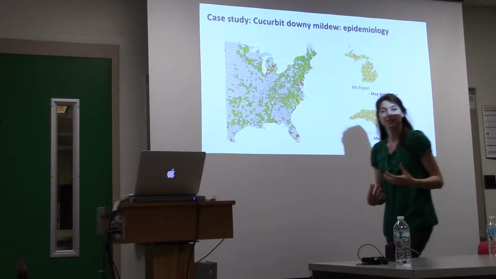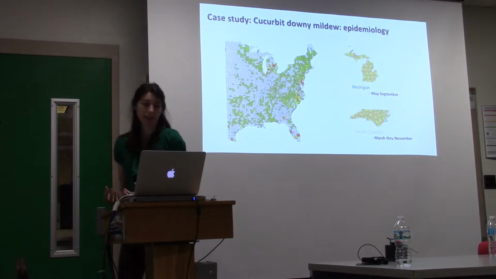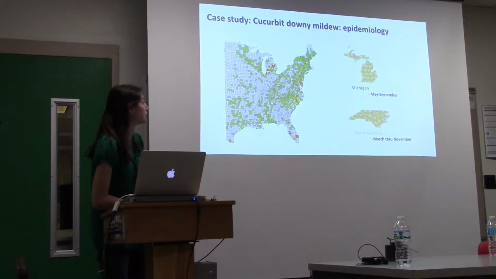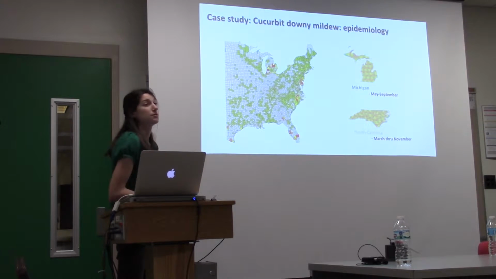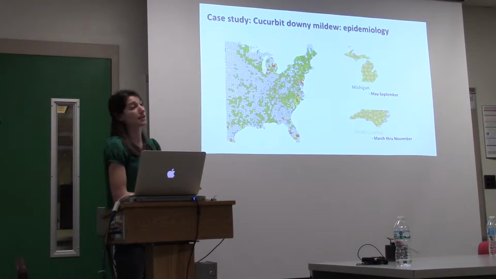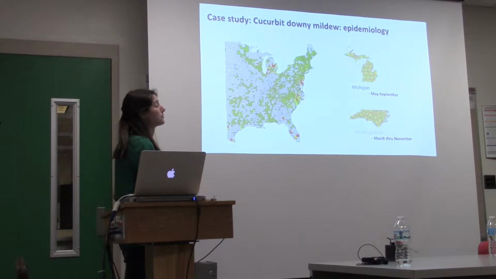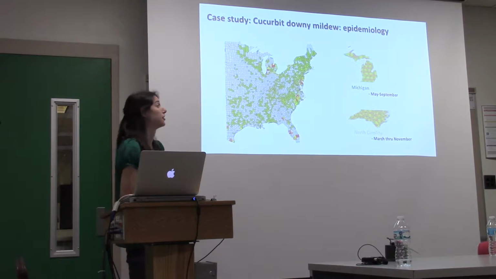So, the pathosystem, being a plant pathologist, that I started with was cucurbit downy mildew, and this gives you an overview of the epidemiology of this. The reason we focused on this, besides Brad's lab working on this prior to me starting here, was also that it's very important to Michigan and the industry of Michigan agriculture.